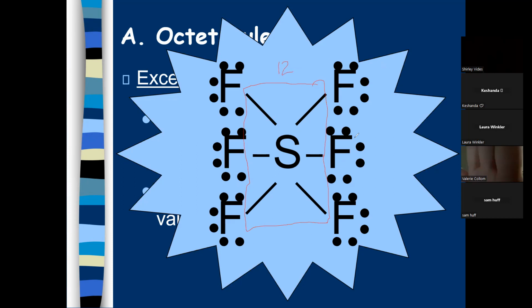But fluorine is not expanding. Fluorine does have its 8, see? That's 8. And that's what we're looking at. So like I said, there are some exceptions to the rule, obviously, but mostly the ones that we're interested in, we're not going to look at the expanded octets. We're just going to look at the short ones.